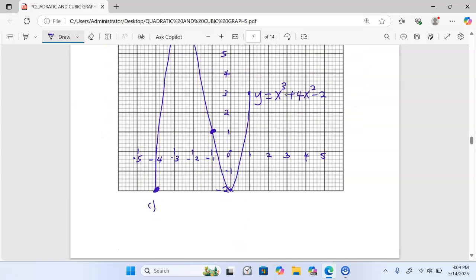So as part of the solution, we can take the main function as y being equal to x cubed plus 4x squared minus 2, and then use it to work out this other equation, which is x cubed plus 4x squared minus 2.